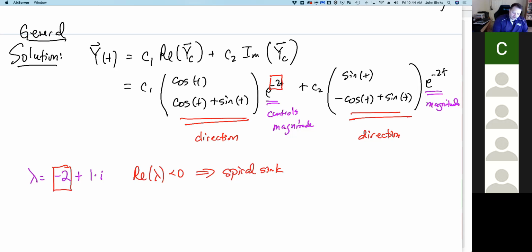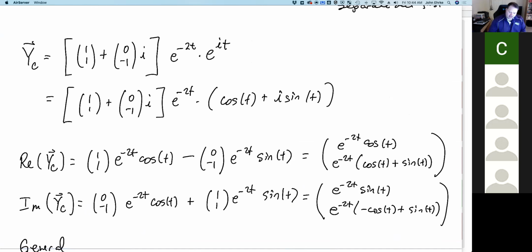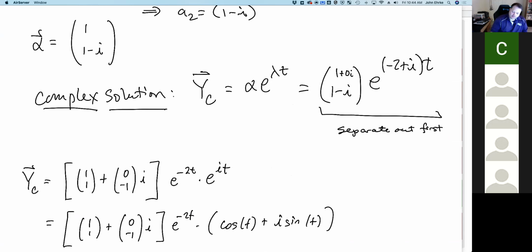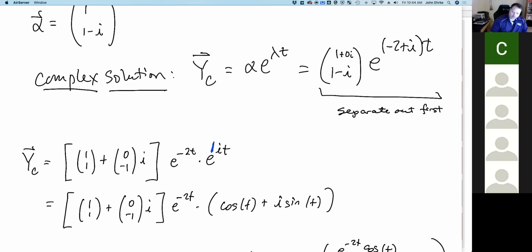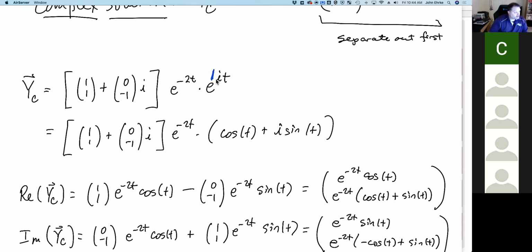Where does the other value, let's call it b, the imaginary part, 1, show up? Well, you can see here, when I had the vector e to the (-2 plus i)t term, right here, this is where the 1 showed up. And when I used Euler's formula, I wrote this as cosine t plus i sine t. If this had been a 3, it would be cosine 3t plus i sine 3t.